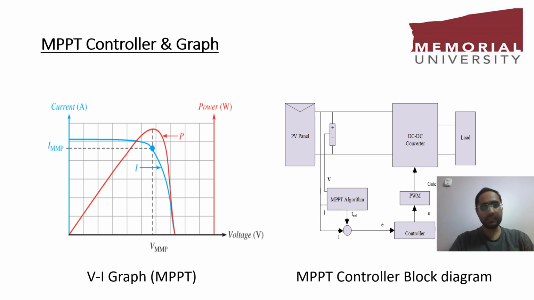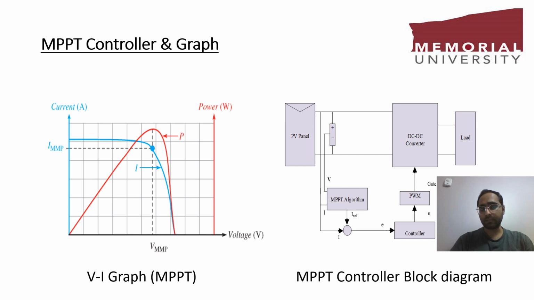If we look at the graph of voltage and current, it shows that there is a unique point where the maximum power is produced by the PV cells. That unique point is called the maximum power point, and we can see that the power on either side of that point is not maximum.